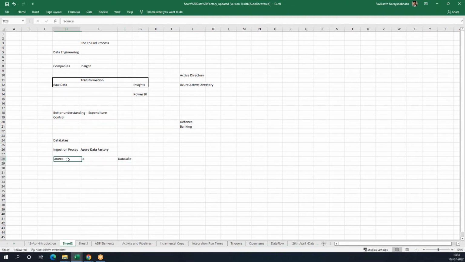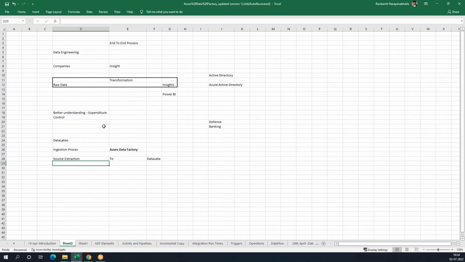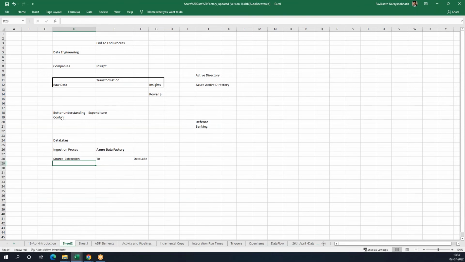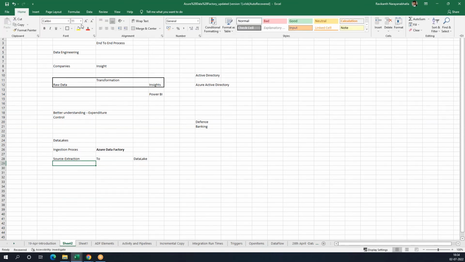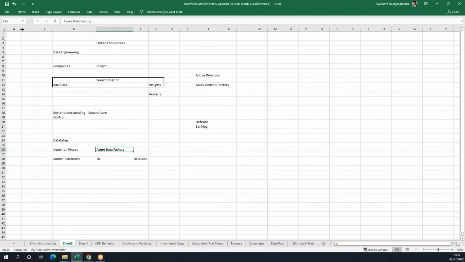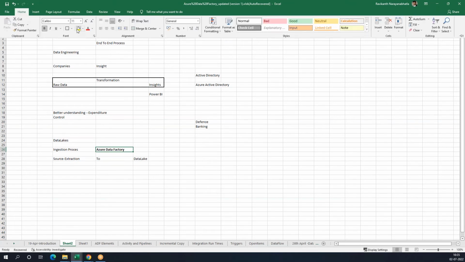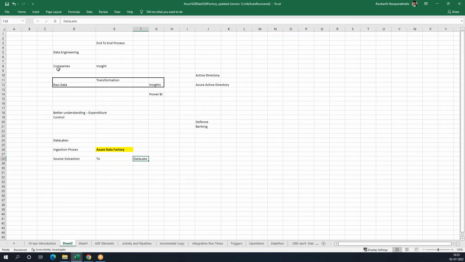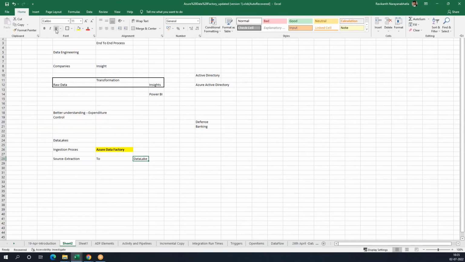So when I say source extraction, please make sure you understand and use these terms. It is coordinated using Azure Data Factory.